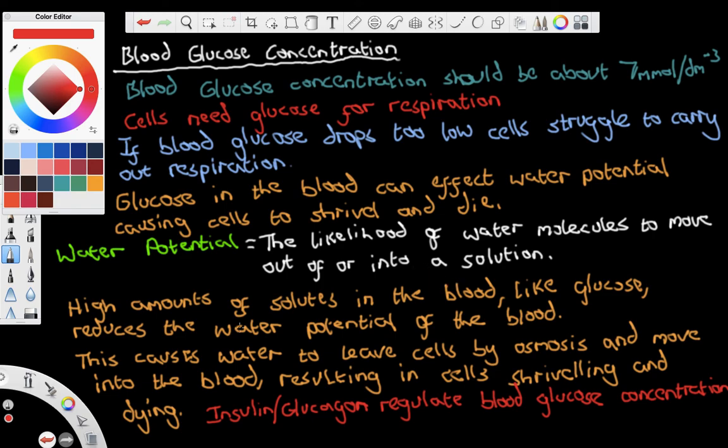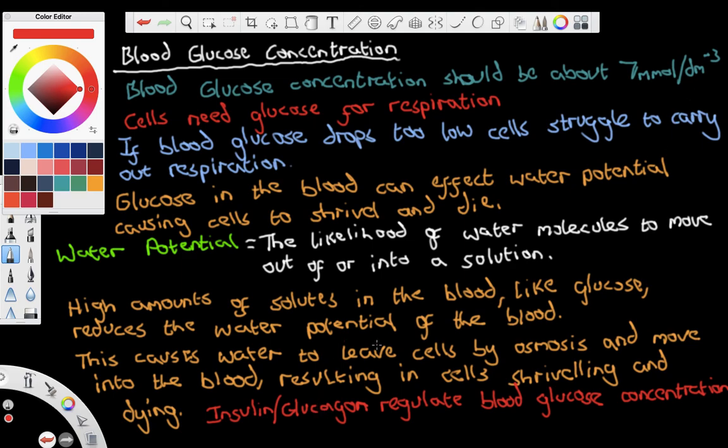High amounts of solutes in the blood, such as glucose, reduce the water potential of the blood. This causes water to leave the cells by osmosis and move into the blood, resulting in cell shriveling and dying. Luckily, we have insulin and glucagon, which allow us to regulate our blood glucose levels. So if it gets too high, we get the release of insulin. If it gets too low, we get the release of glucagon.